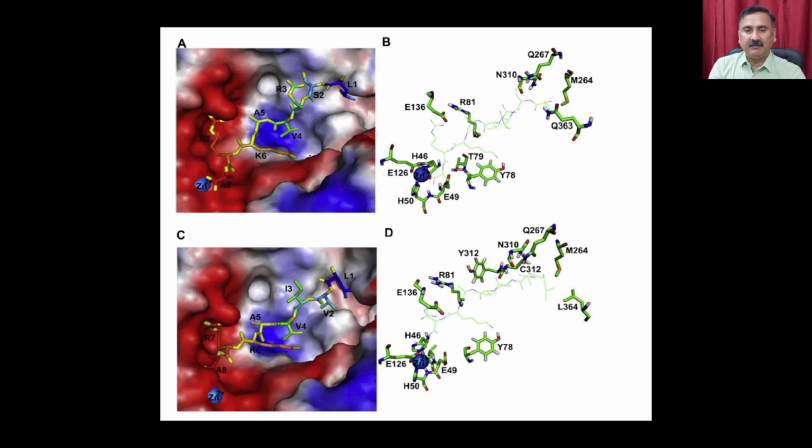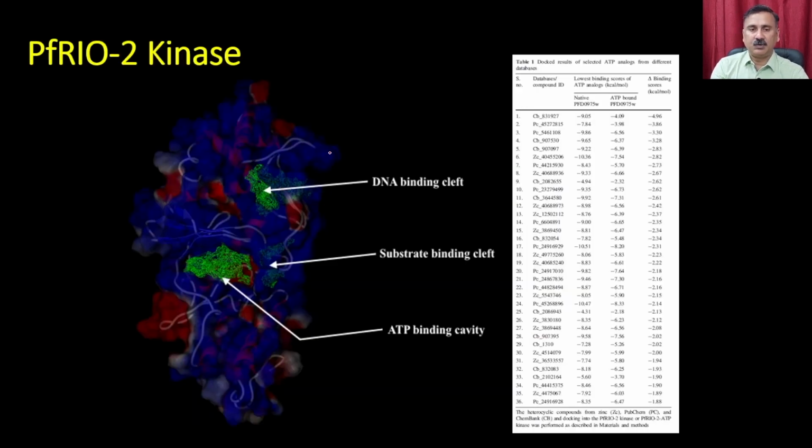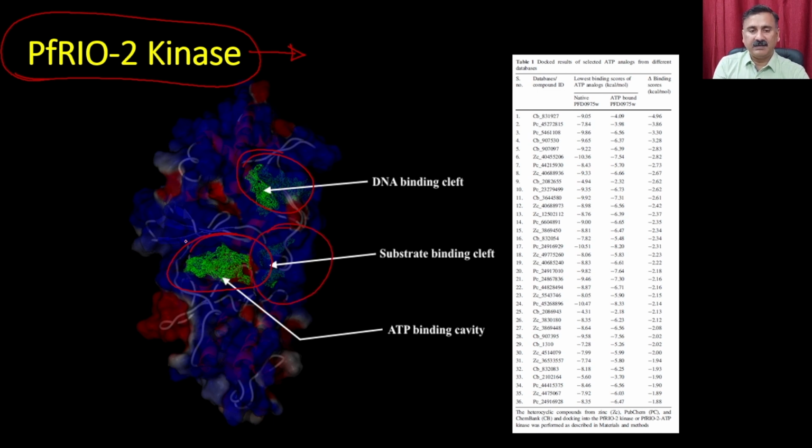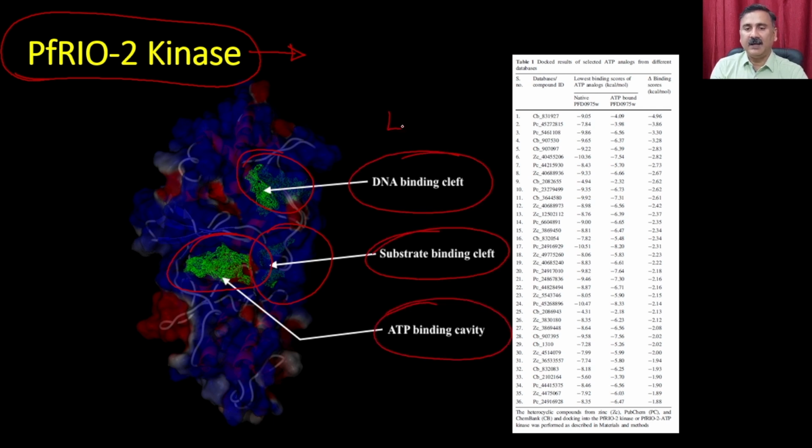Apart from that, there was another enzyme, called PFRIO2 kinase, which can also be used for the ligand-based approach. PFRIO2 kinase has a DNA binding cleft, a substrate binding cleft, and an ATP binding cleft. This is the substrate binding cleft, and this is the ATP binding cleft. Taking these into account, we took the ligand and searched different types of molecules in the database.